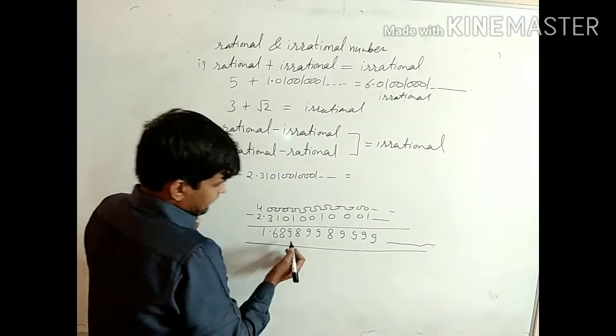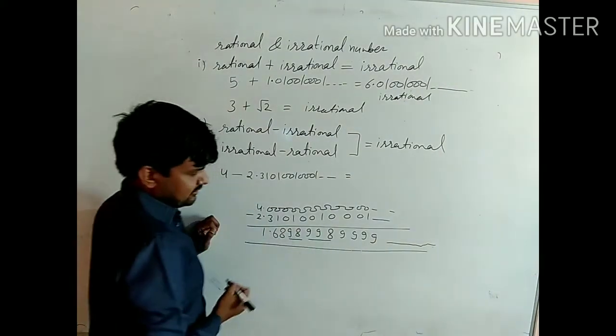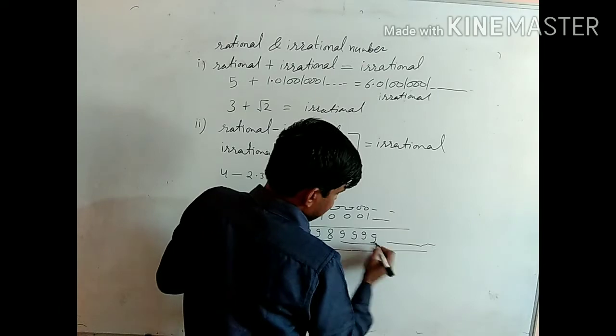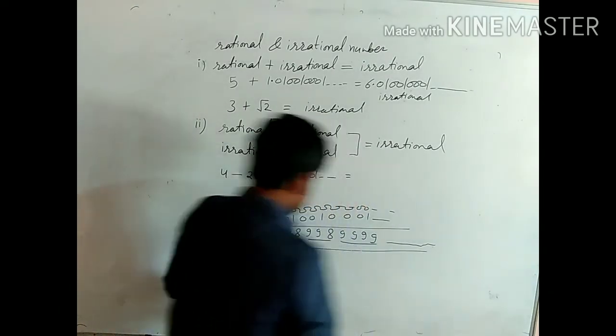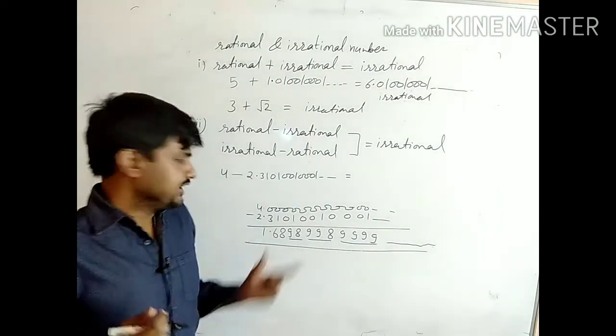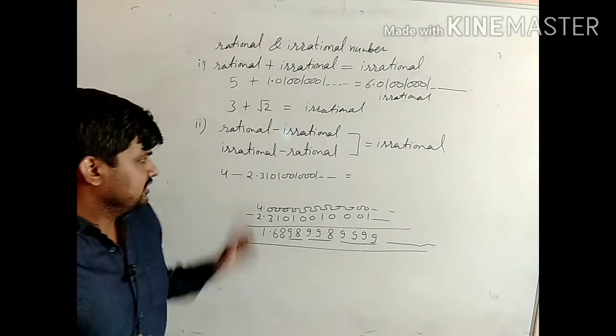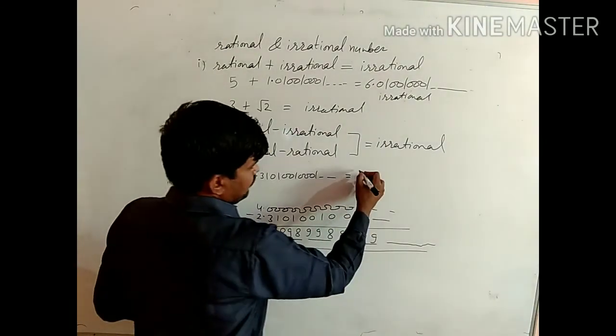So look here: 9 8, then 9 9 8, then 4 nines, and so on up to infinity. This pattern is a non-terminating, non-recurring number, so this is irrational. So the result is irrational.